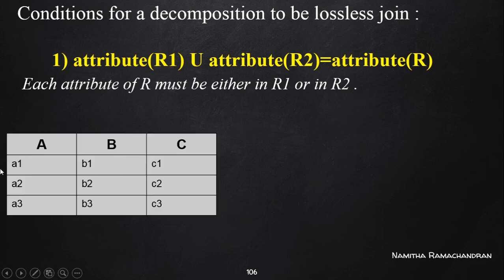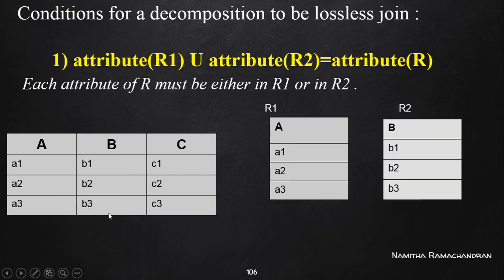Consider one relation R with three attributes A, B and C. And here we have a decomposition like this. In R1 we have attribute A only, and in R2 we have B only. In this decomposition, it is clear that attribute C is not present anywhere in R1 or R2.